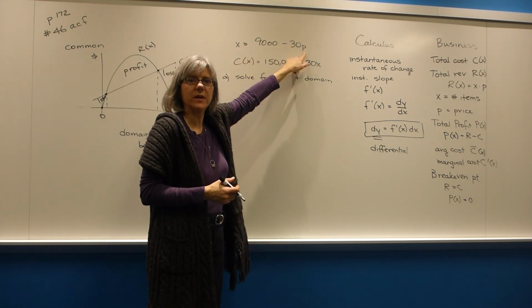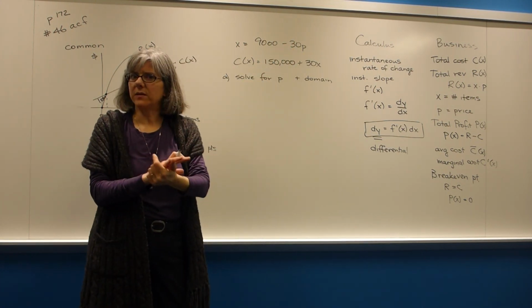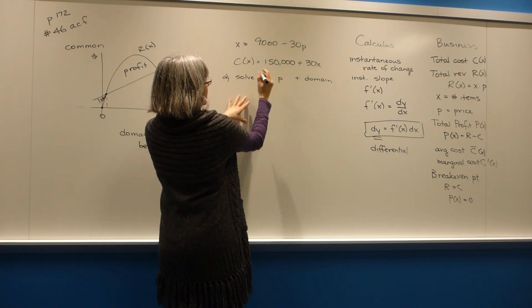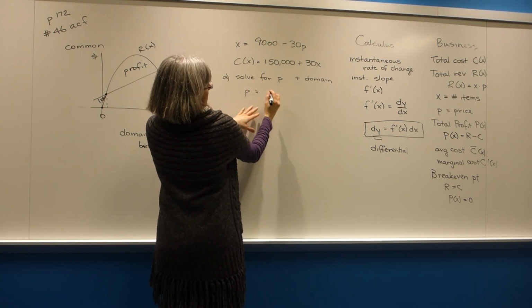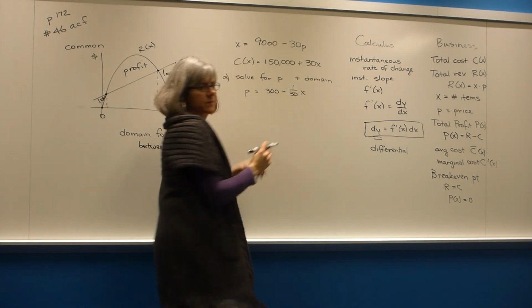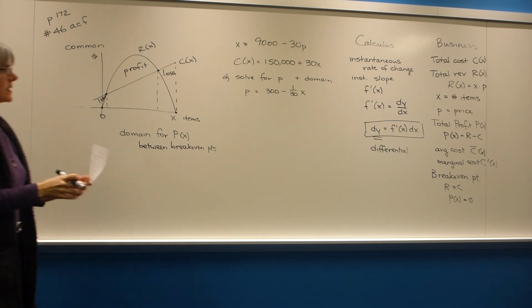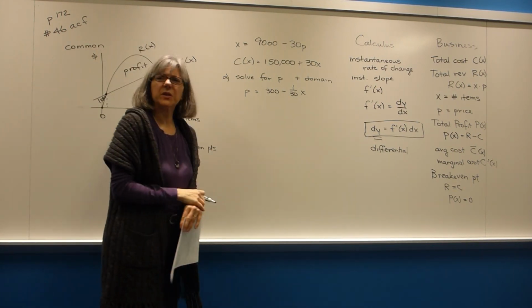For every $1 I increase, I lose 30 sales. But I can't write my revenue that way. So for revenue, I have to solve for p. So when I solve for p, I think that's right. Again, I'm trying not to spend time on algebra. Yes. So what is the domain for that?